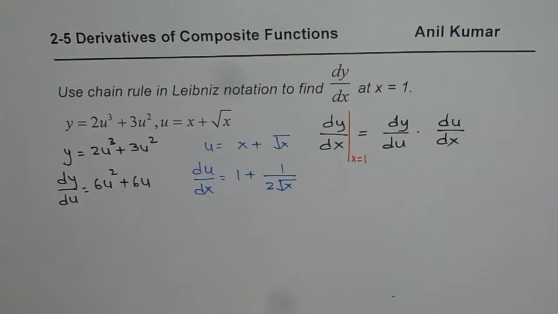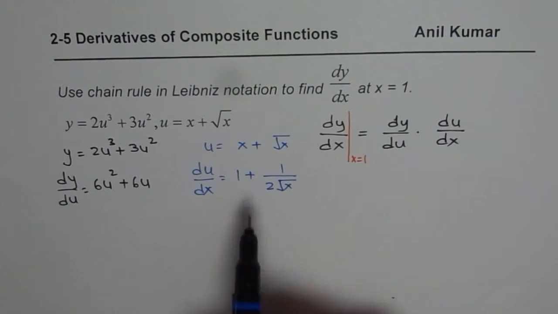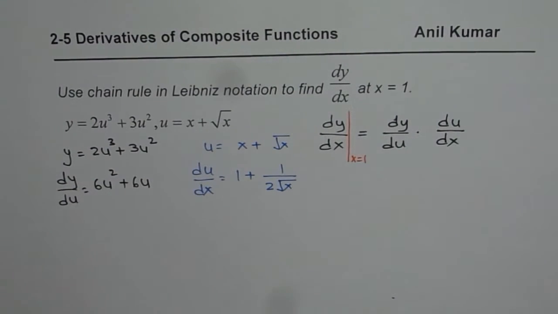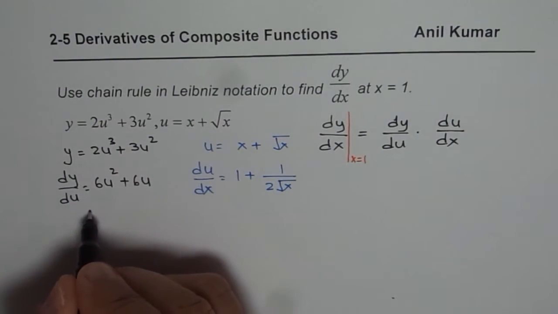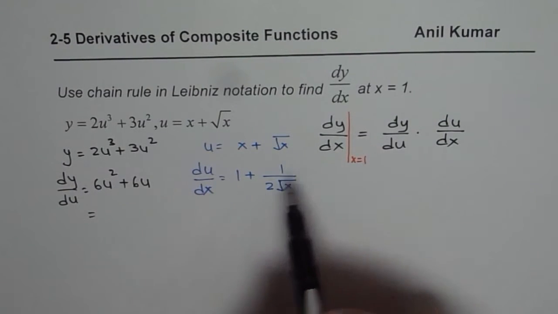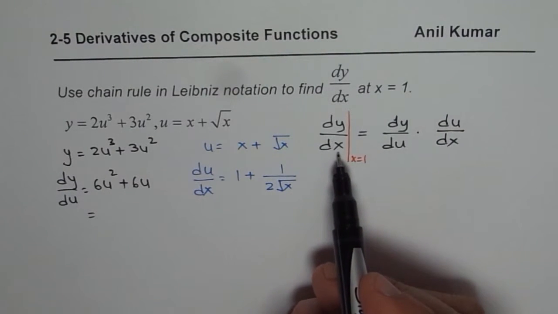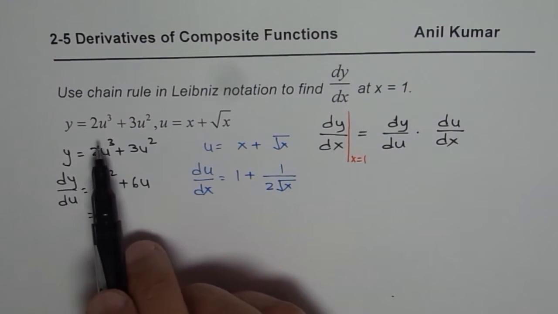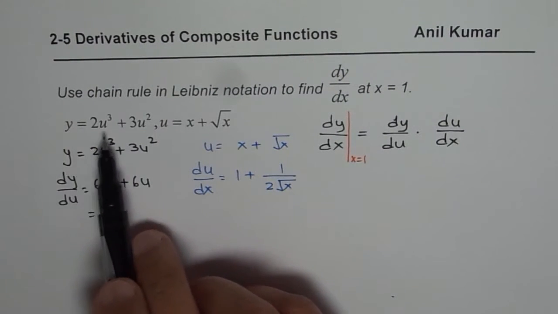Correct? Now, we can also write u in terms of x and simplify the first expression dy/du. It's a good practice to write them in x only because we need the derivative of y with respect to x, right? So in a composite function, we are trying to write y as a function of x.